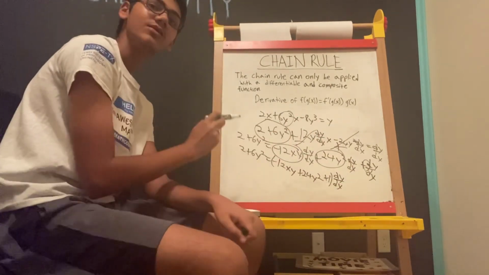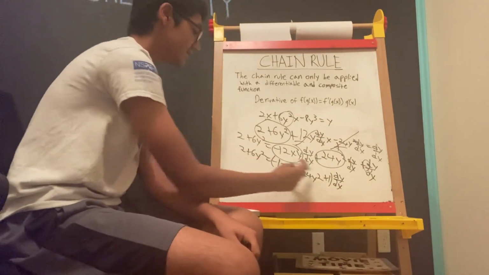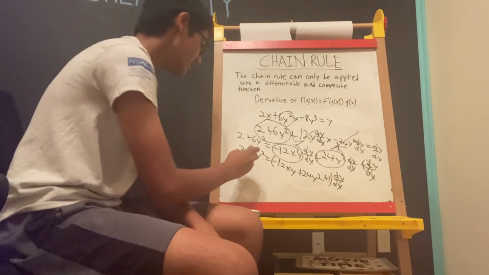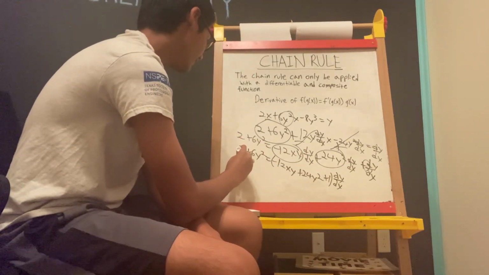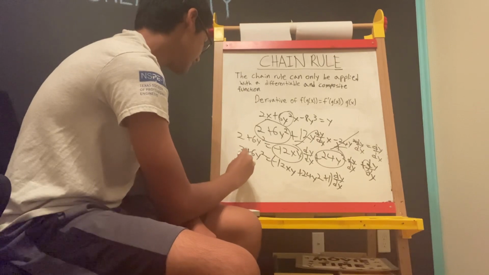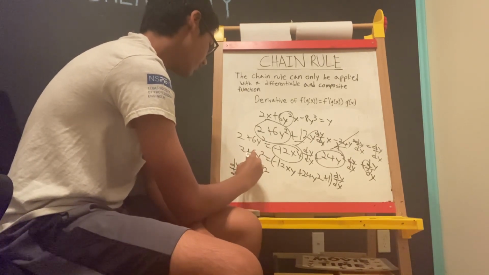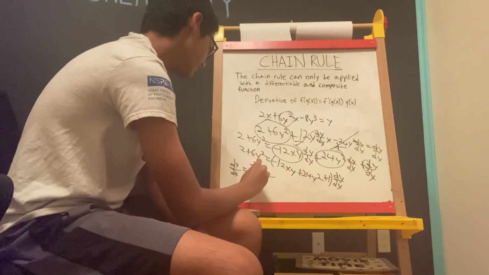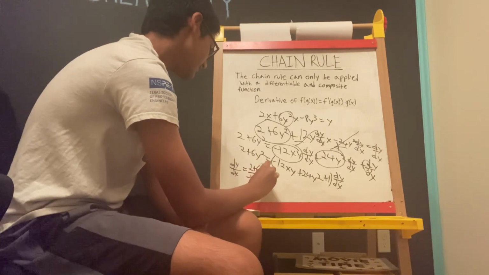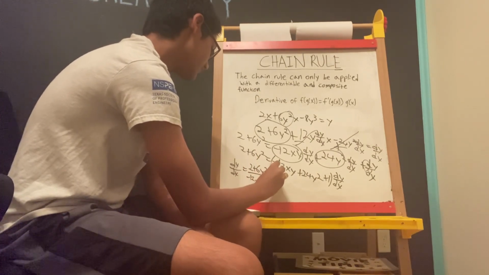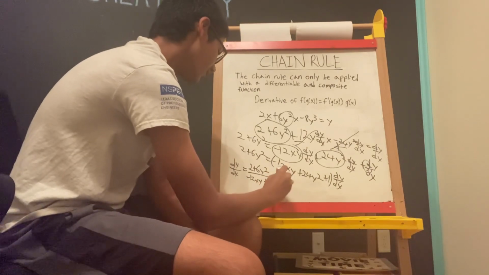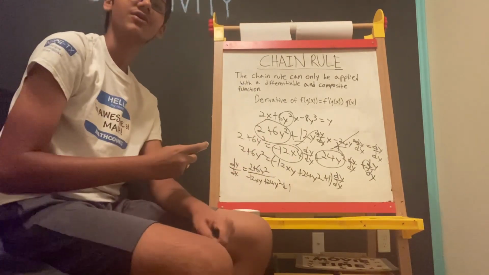And the way to get dy over dx by itself is to simply place this in the denominator of the left function. So you'll end up with dy over dx equals 2 plus 6y squared over negative 12xy plus 24y squared plus 1. And that is your answer.